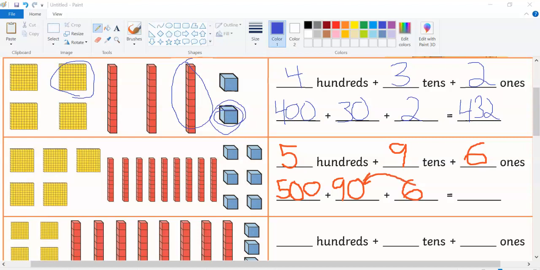And then we're going to move the 90, which will now be a 9, into these spots here. Okay, so we have 596, and that is our answer, ladies and gentlemen. 596.